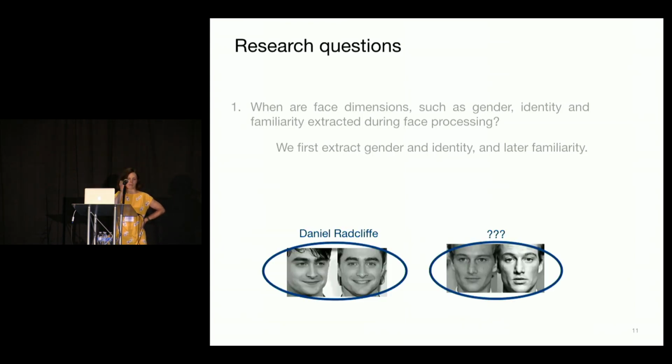So to come back to the demonstration at the beginning that I showed you, where it has been shown a lot that face processing seems to be more robust for familiar than for unfamiliar faces. Now we wanted to see, okay, how does familiarity affect these dimensions like gender and identity?